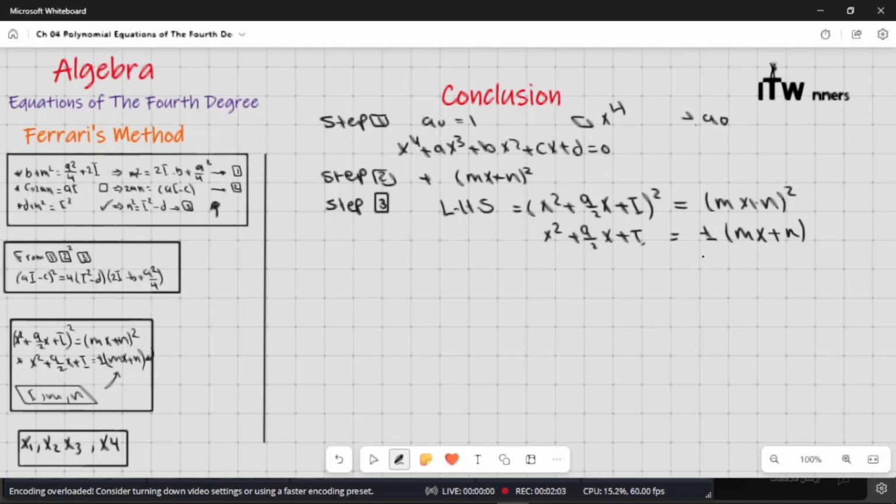Okay, so here plus or minus, as we did in previous equations, to obtain two values or two expressions, for the first one x1 x2, and for the last one x3 and x4.